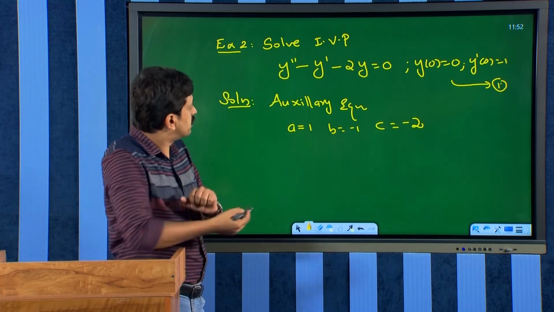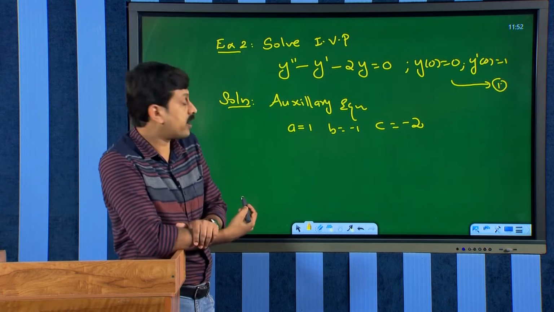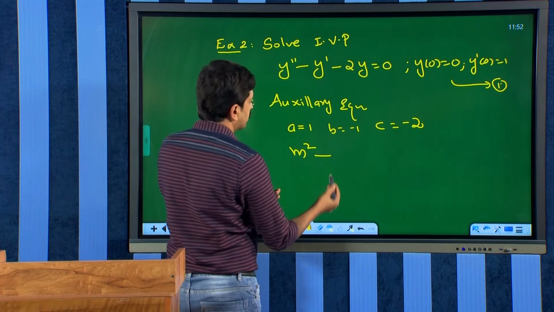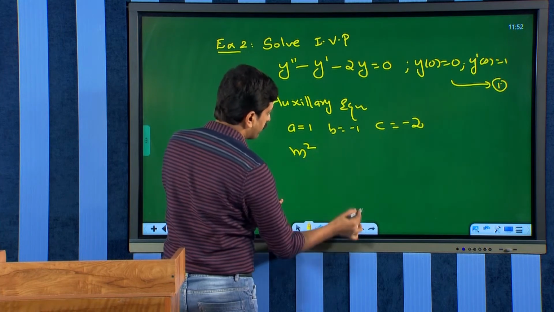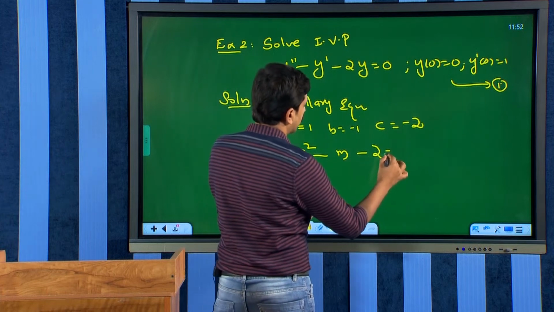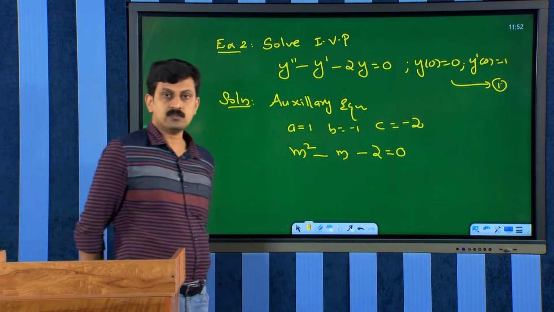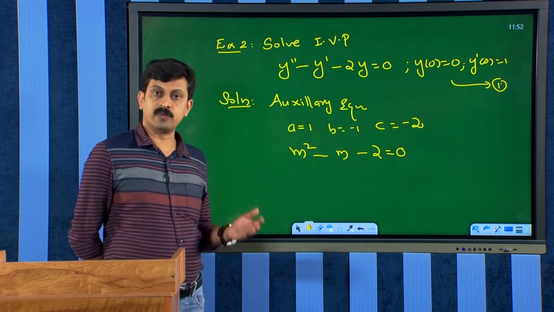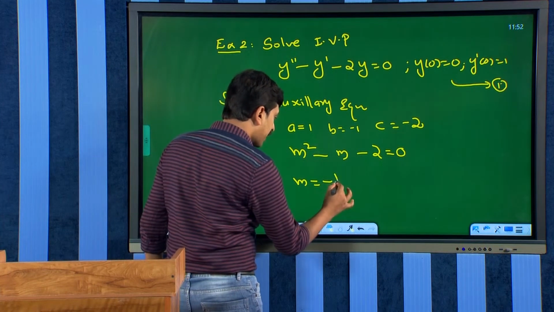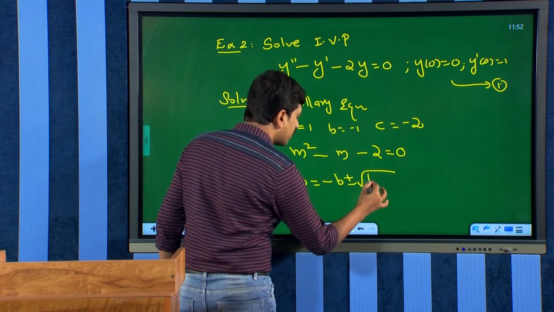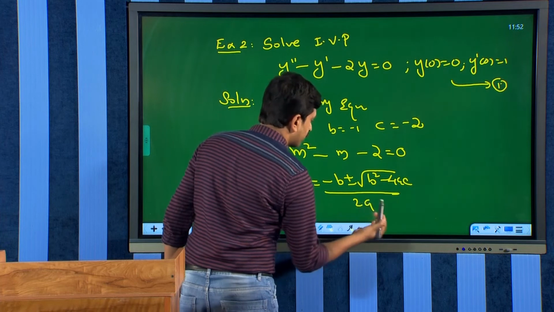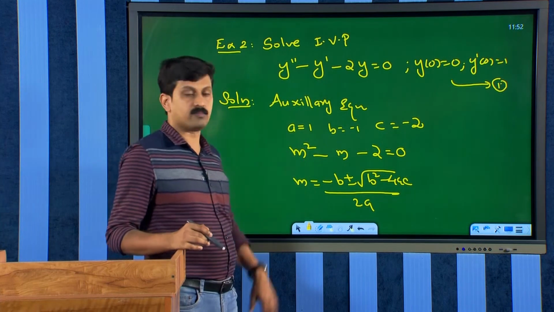So we can write the auxiliary equation as m square minus m minus 2 equal to 0. As I said before, you can use the formula m is equal to minus b plus or minus root of b square minus 4ac by 2a, and apply all the values.